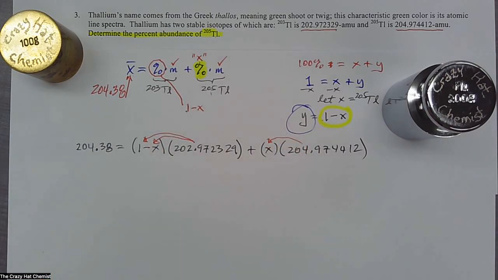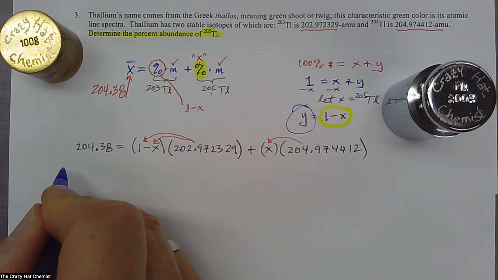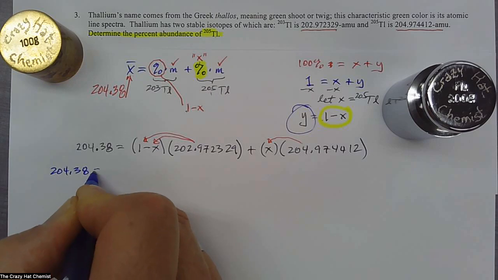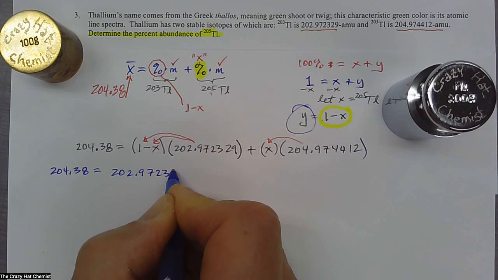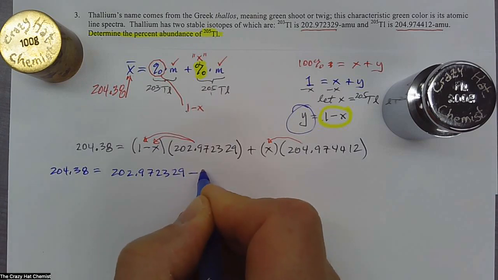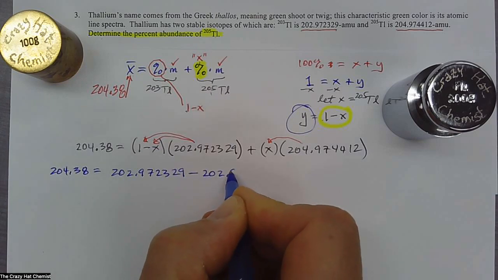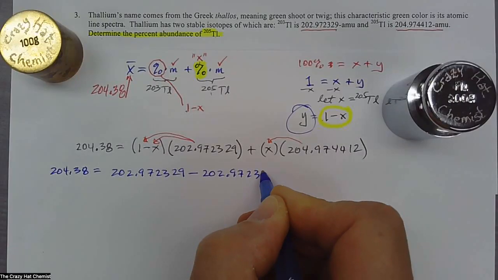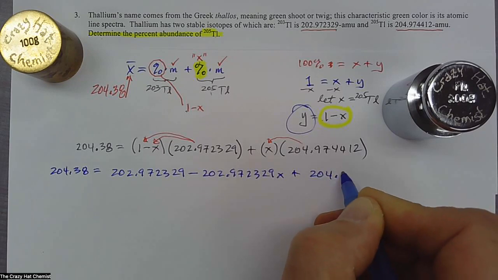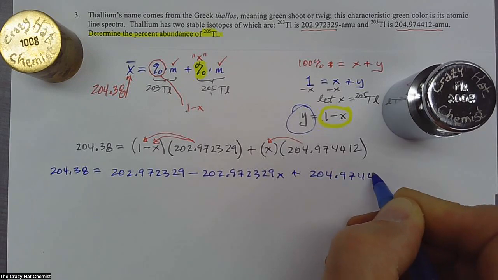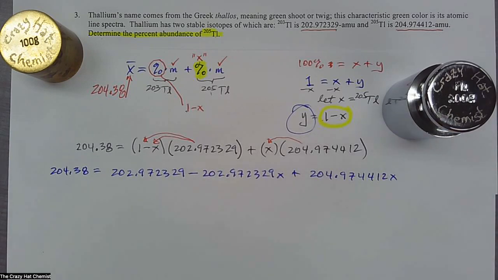Writing this, we have 204.38 is equal to 202.972329 minus 202.972329x plus 204.974412x.